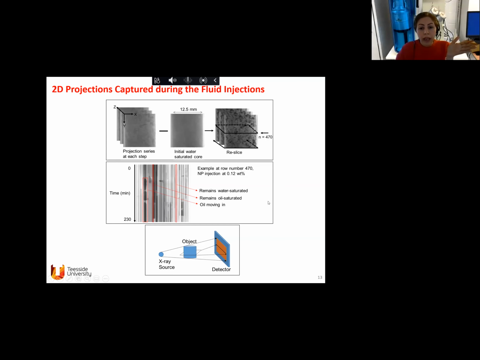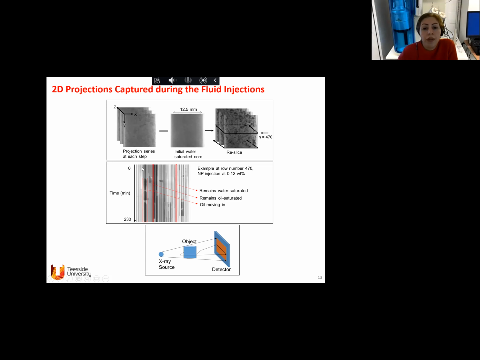If you look at the bottom image, you can see that on a shadow on the detector, every slice through the object is represented by a line on the detector. If you then take this re-slicing, you get an image like this, and that image represents what happens to that line of the detector over time.